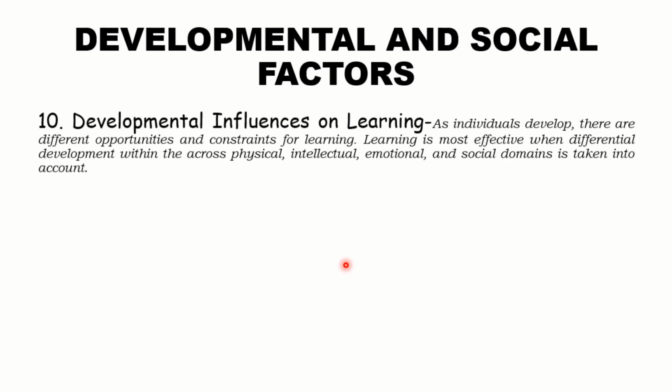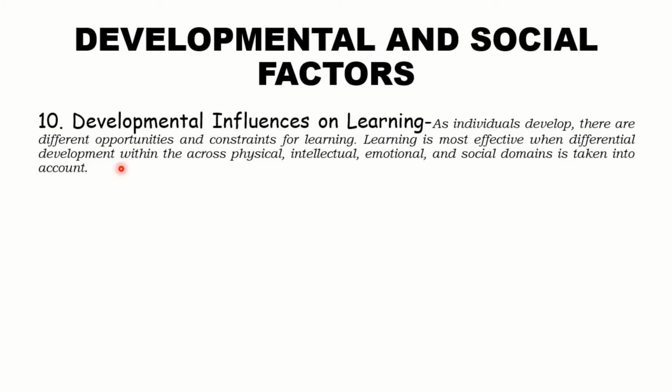In the 10th principle, we have the developmental influence on learning. As individuals develop, there are different opportunities and constraints for learning. Learning is most effective when differential development across physical, intellectual, emotional, and social domains is taken into account.